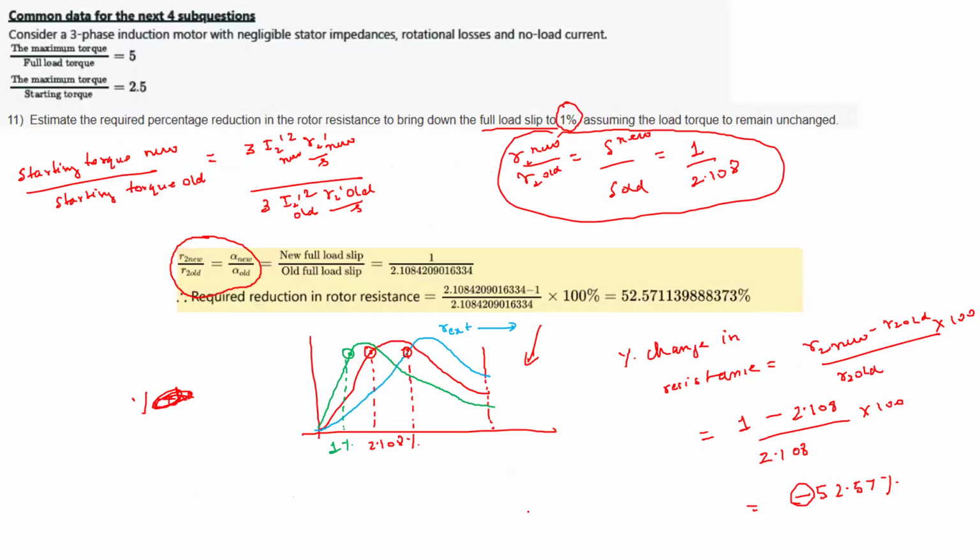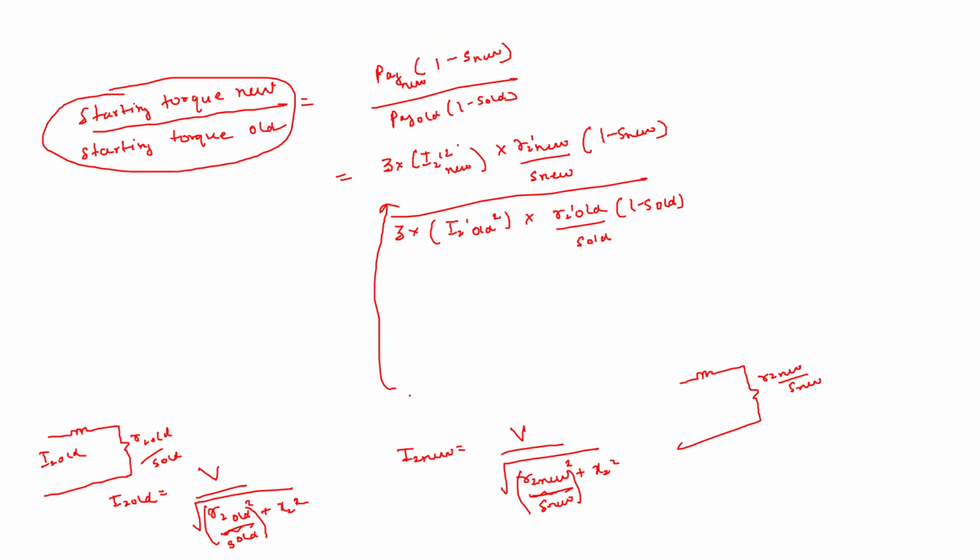Because you see this R2 new by S new is equal to R2 old by S old. So you will see that this I2 new square and I2 old square will cancel out. So in this case also, basically R2 old by R2 new is equal to S old by S new.